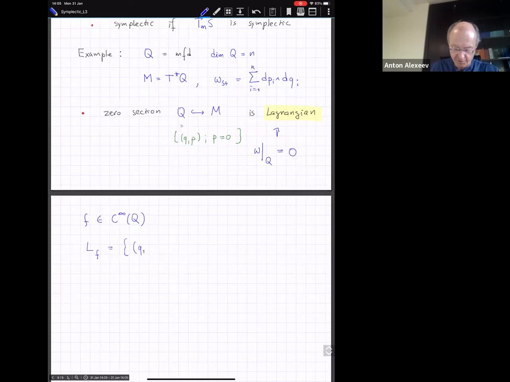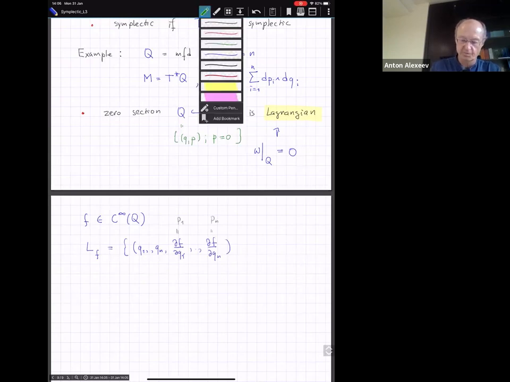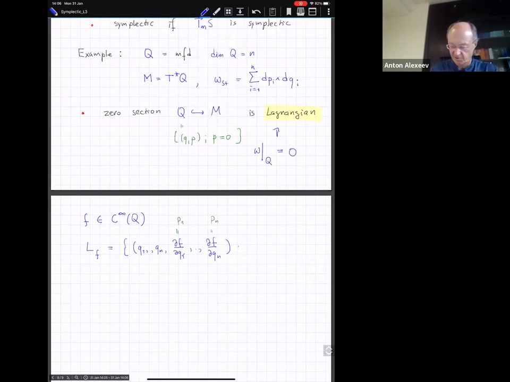These will be points q1, ..., qn, and here I put df/dq1, ..., df/dqn, and these are the values of the p's. And this is for q in Q, and this is a submanifold of T*Q.